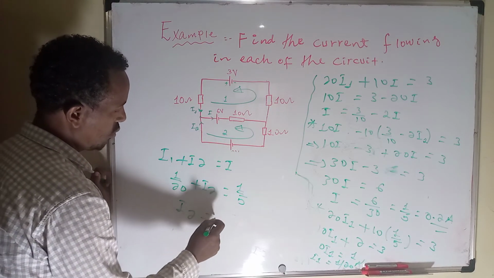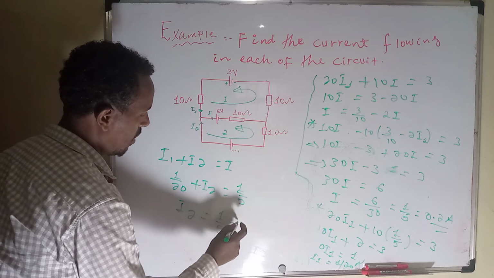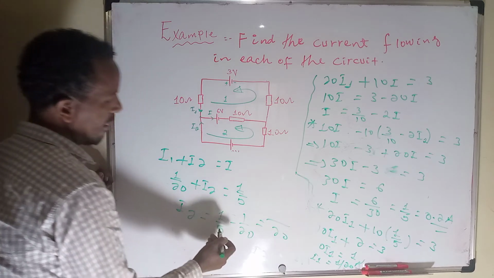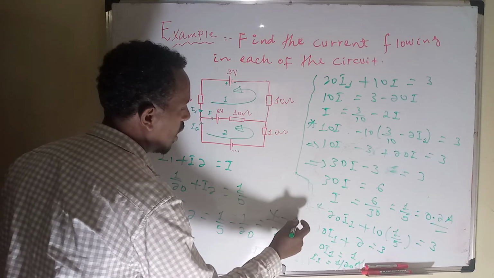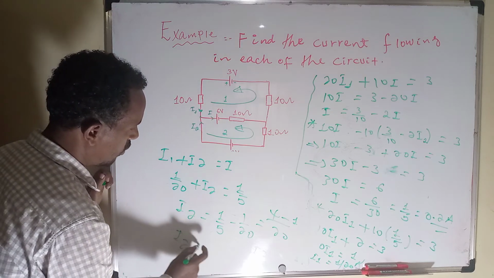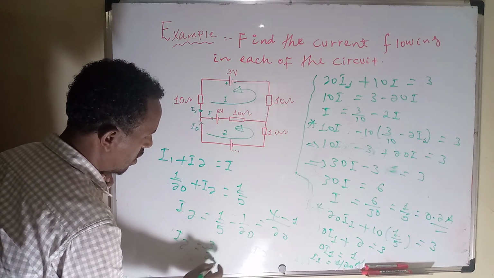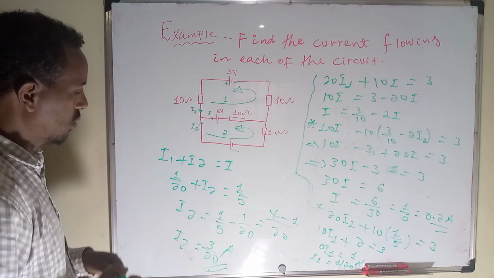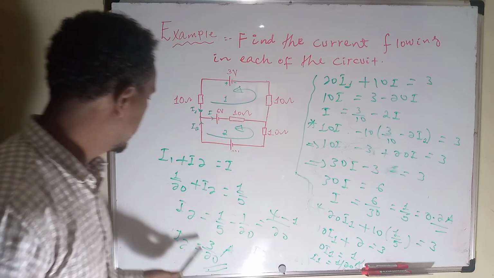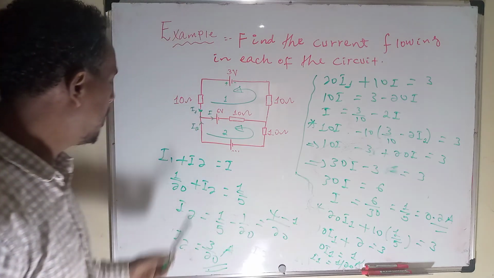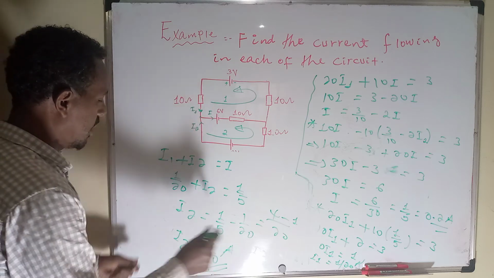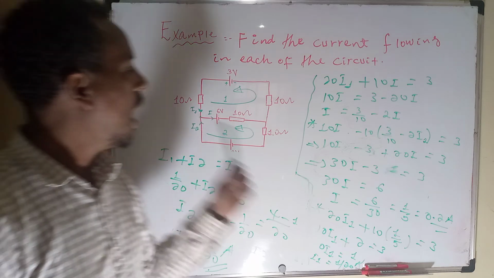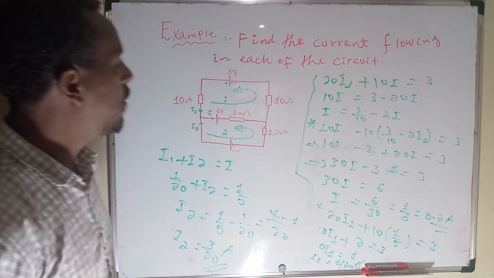I2 is equals to 1 over 5 minus 1 over 20, this is 4 minus 1 over 20, so I2 is equals to 3 over 20 ampere. Look, current 1 is 1 over 20 ampere, current 2 is 3 over 20 ampere, and I is 1 over 5 ampere.